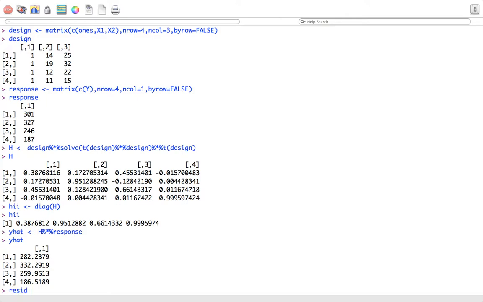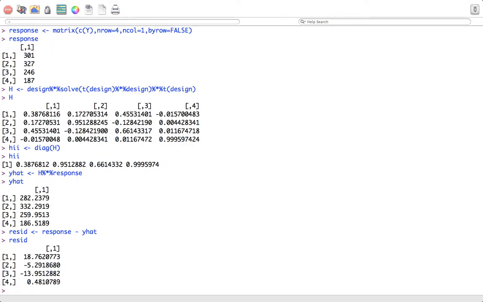So for the residuals, I can take the observed y, which is my response, minus the predicted, which is my y hat, and I can see that my residuals are the following values.